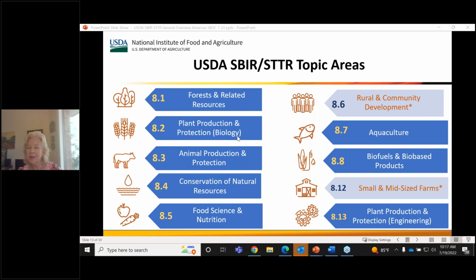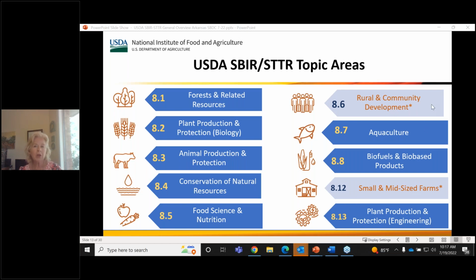And then food science and nutrition, which is a fairly large topic area. We have aquaculture, and we have biofuels and bio-based products. And then we have these other 2 areas, 8.6 and 8.12, rural and community development and small and mid-sized farms.